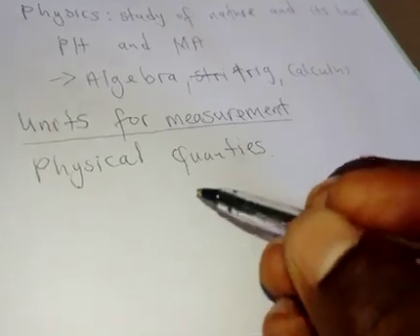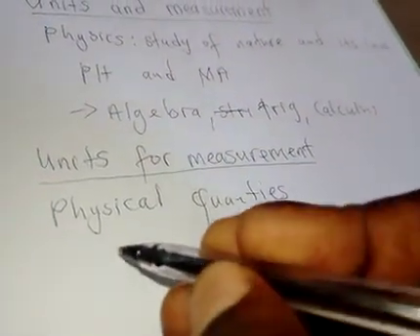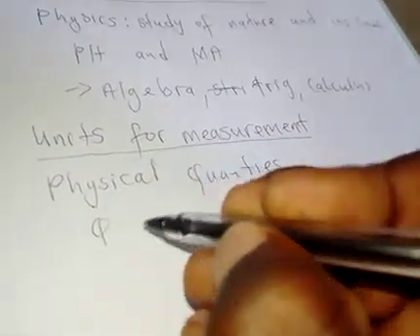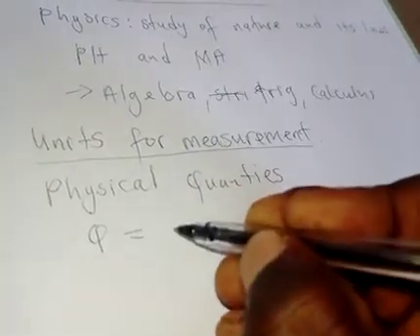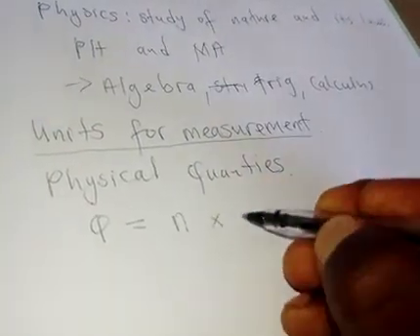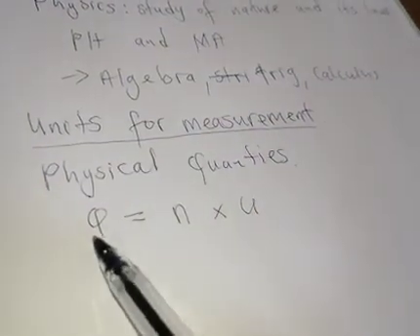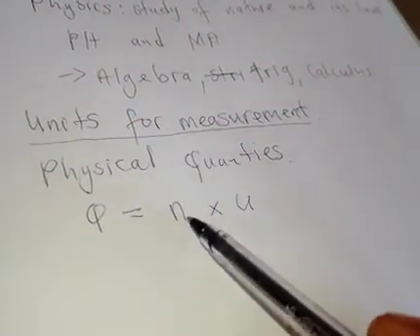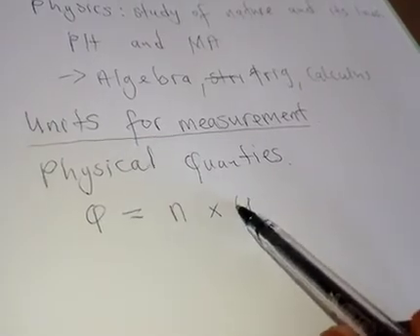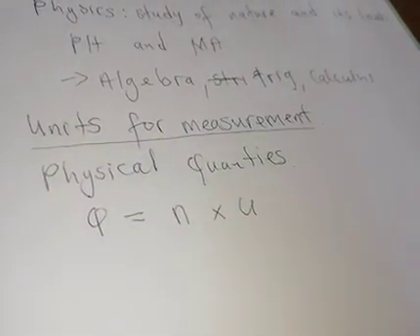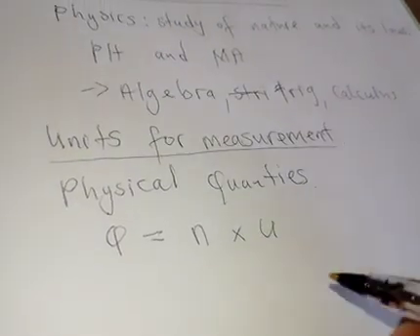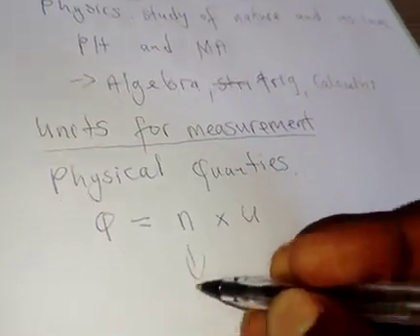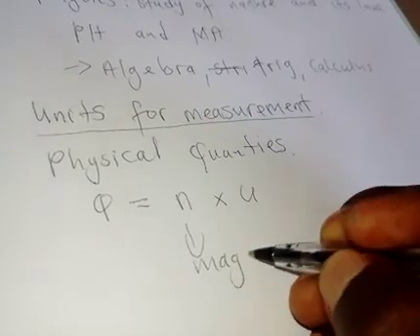Those are physical quantities. What we must know is that a physical quantity, let's say Q, should be written in the form of N multiplied by U, where Q is the physical quantity, N is the magnitude, and U refers to the units of the physical quantity.